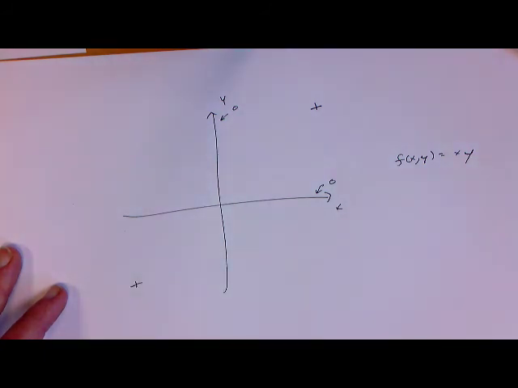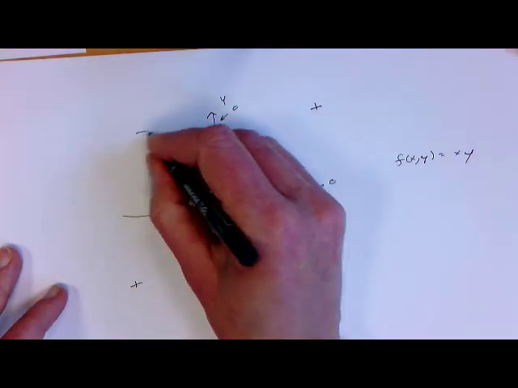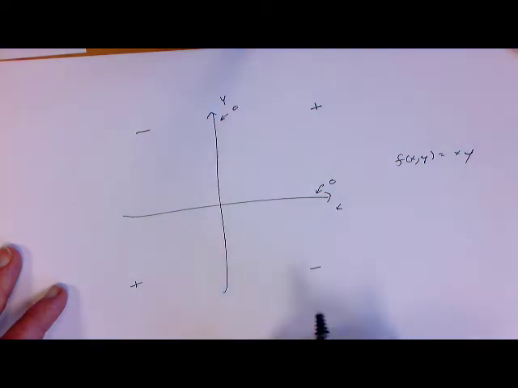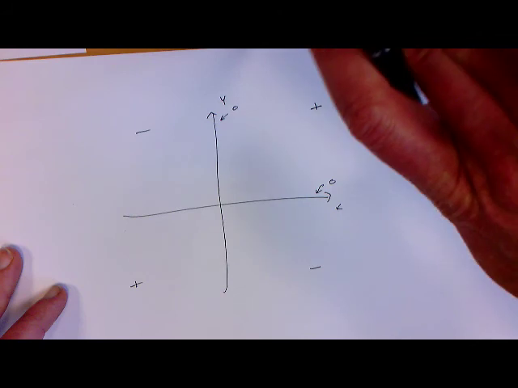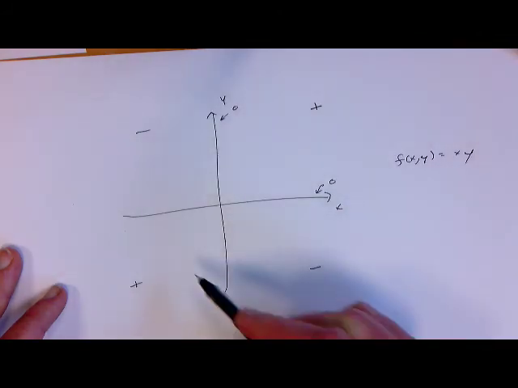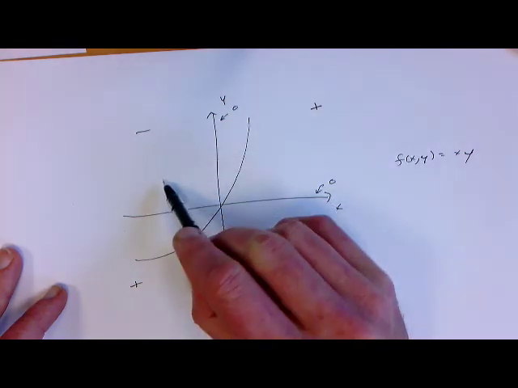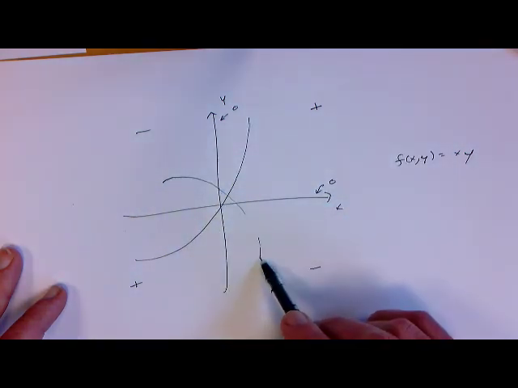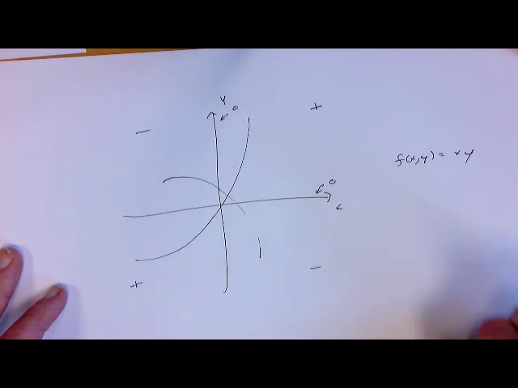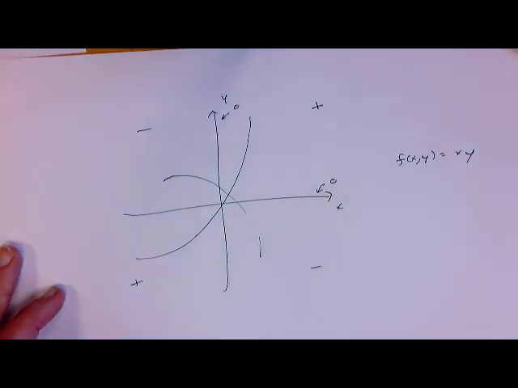It's positive down here when they're both negative. It's negative here and negative here. So this function goes down like this and comes back up, and here it comes up and then comes back down, right? So at the origin, we actually have a saddle point for this function.